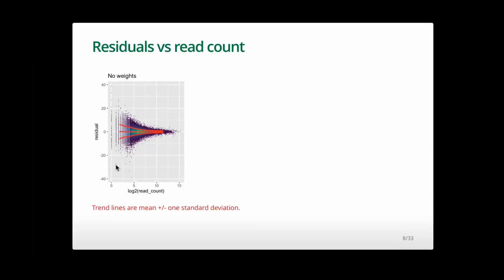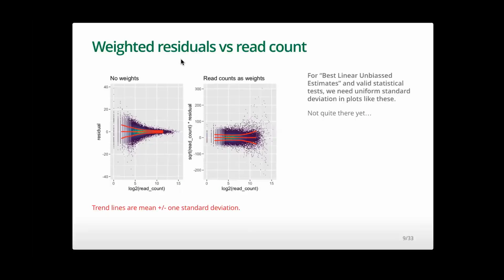Remember, each of these points is an average over read count reads, and as you have more reads, the residuals get smaller, which is what you'd expect, hopefully. Now I should explain these red lines. The center red line is an average trend line, and the top and bottom are plus or minus 1 standard deviation.